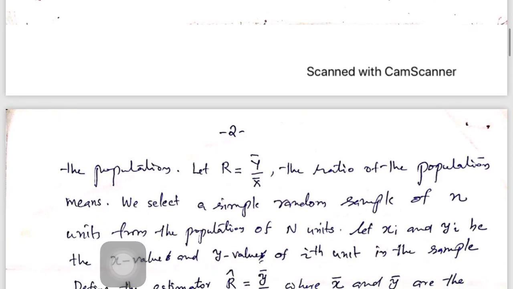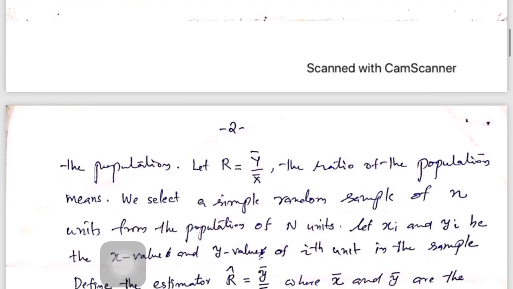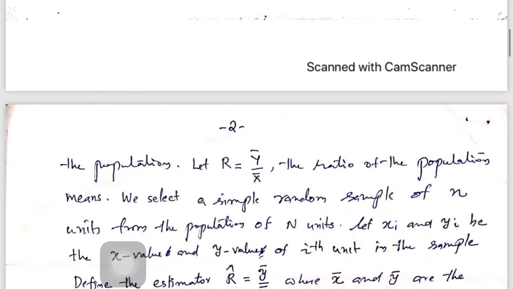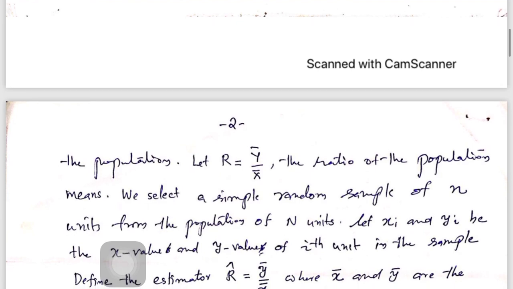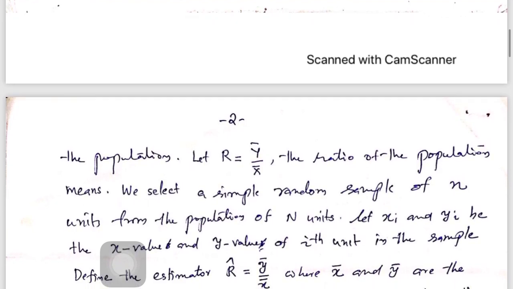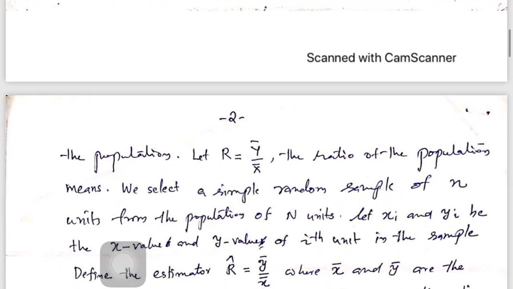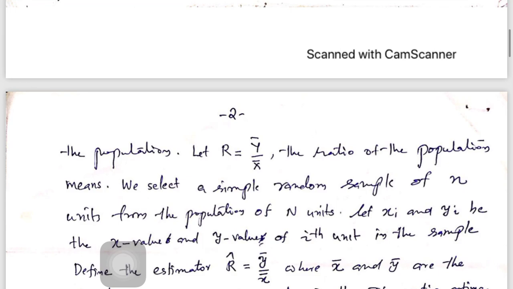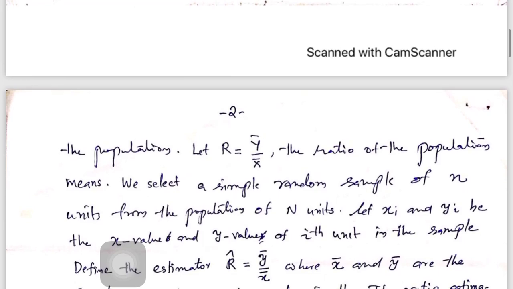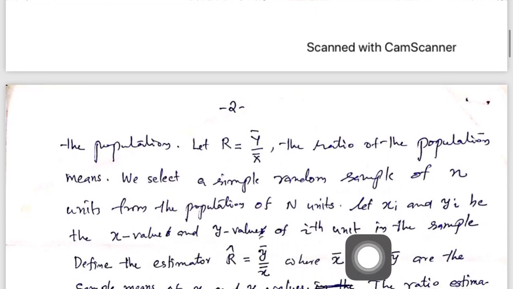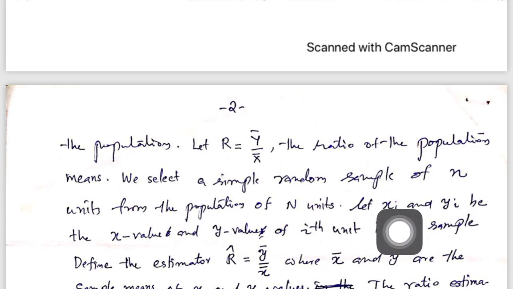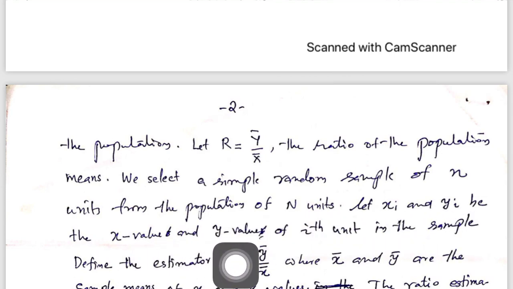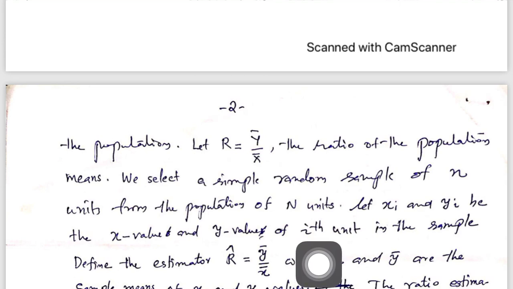And the method of sampling is nothing but simple random sampling. That is, you will select small n units from the population of capital N units, and with respect to each unit you will measure not only y but x also, and you let small xi and small yi be the x value and y value of the ith unit in the sample.